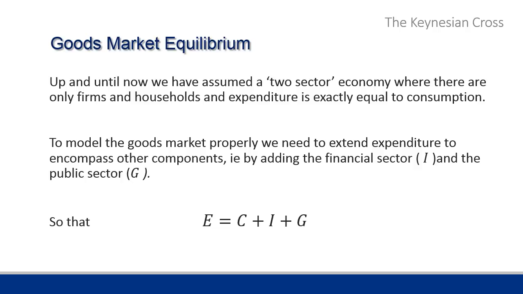We can add the financial sector and the public sector. The financial sector is responsible for investment and the public sector is responsible for government spending. So now we return to E. Expenditure is equal to C plus I plus G, the three components of expenditure in a closed economy.